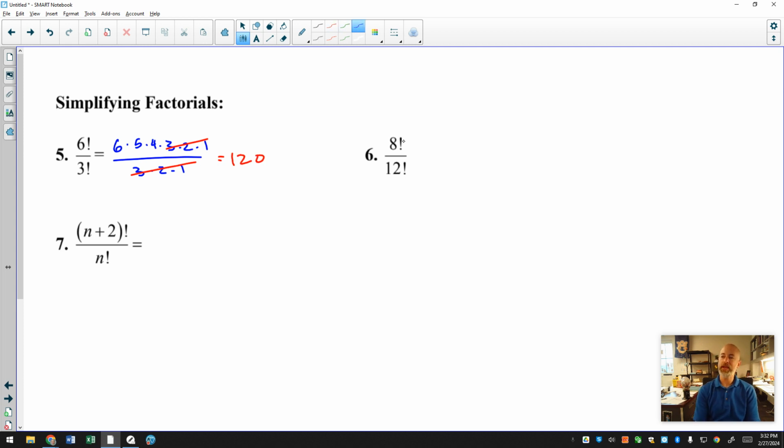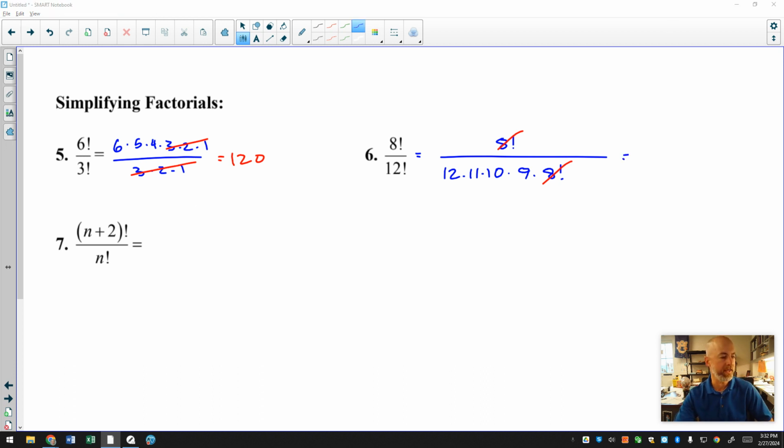I'll do the same thing with 8 factorial and 12 factorial, except instead of completely expanding it, I'm just going to take 12 factorial as 12 times 11 times 10 times 9 times 8, and everything after that will be 8 factorial. So my numerator is 8 factorial. Those 8 factorials cancel, and you're left with 1 divided by 12 times 11 times 10 times 9, and that is 11,880.